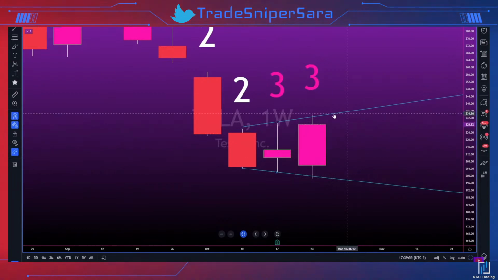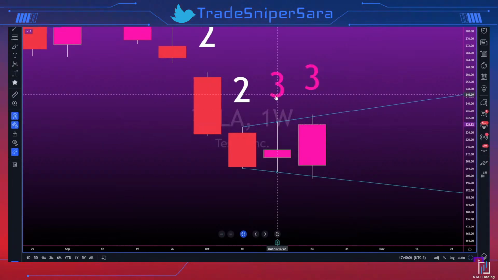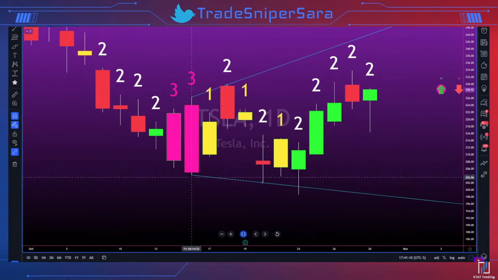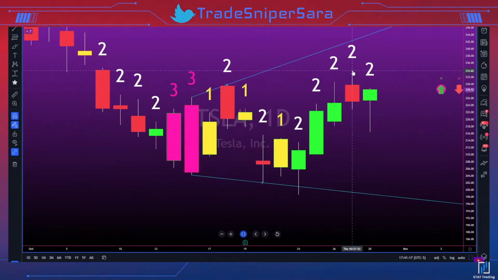So if we go down to a smaller time frame, this 3 on the 1 week, you're going to notice is a broadening formation on a smaller time frame. So let me show you that. Okay, so here is the daily chart of Tesla, and you can see you have a low, a high, a new low, and then a new high.